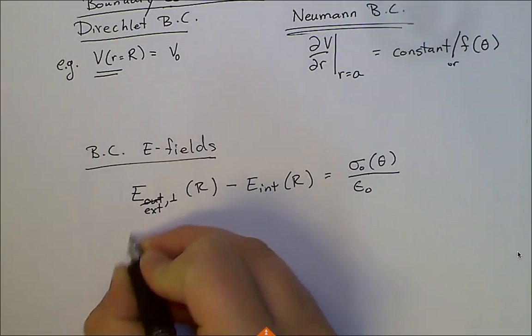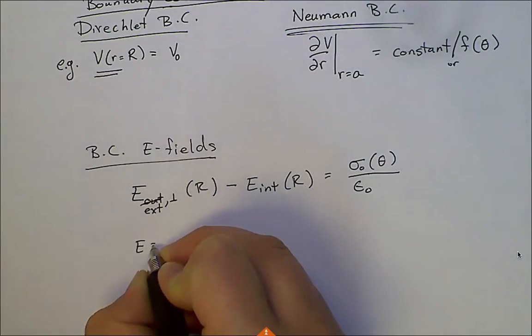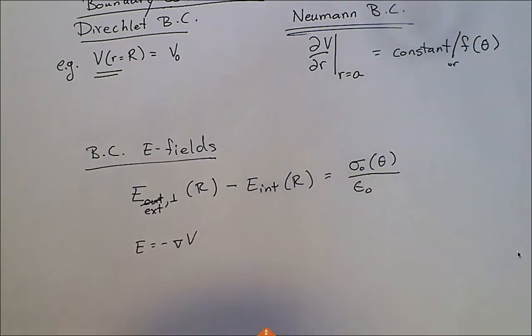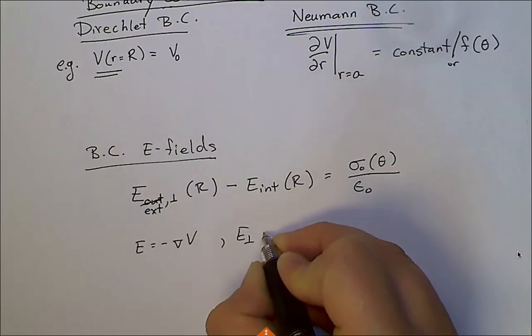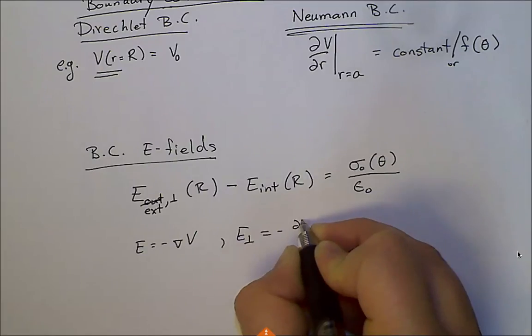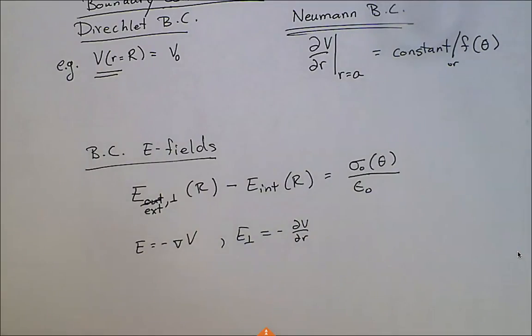So remember that E is minus the gradient of V, so in the perpendicular direction, E perpendicular is going to be equal to minus the partial of V with respect to r.